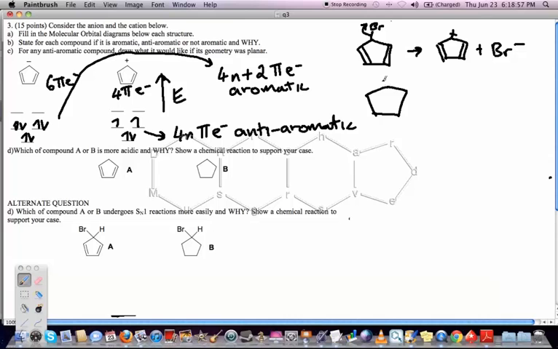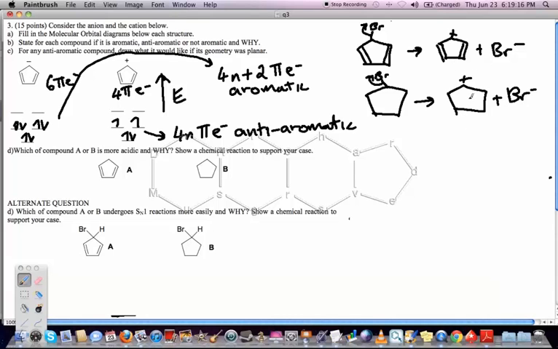And we'll do the same thing to this compound as well. Take away the bromine, and that leaves us with this cation and Br negative. Alright, so now what we need to do is figure out which of these cations is more stable.